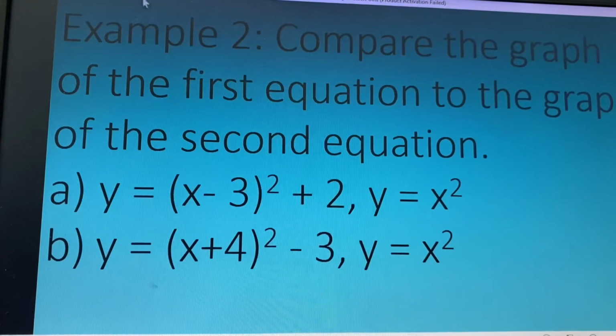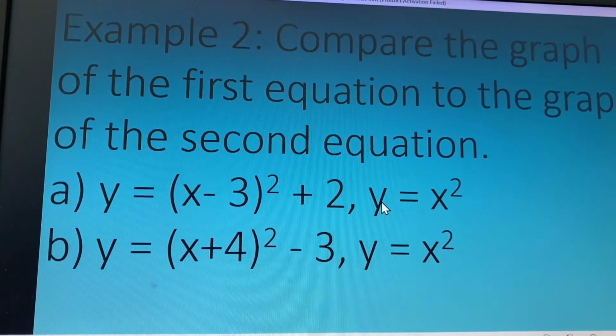Example number 2. Compare the graph of the first equation to the graph of the second equation. The quadratic function here is written in general form: y equals (x minus 3) squared plus 2.